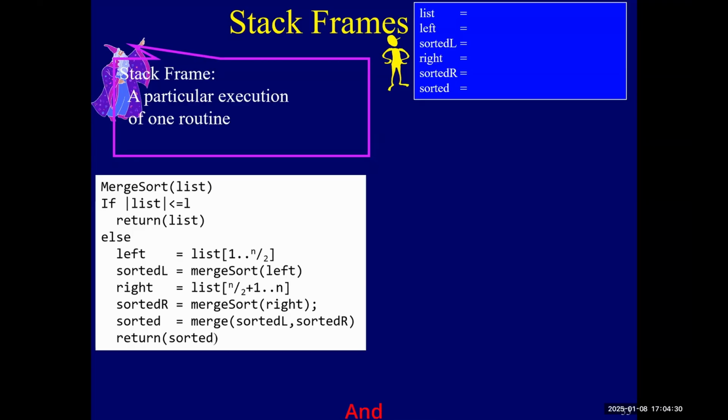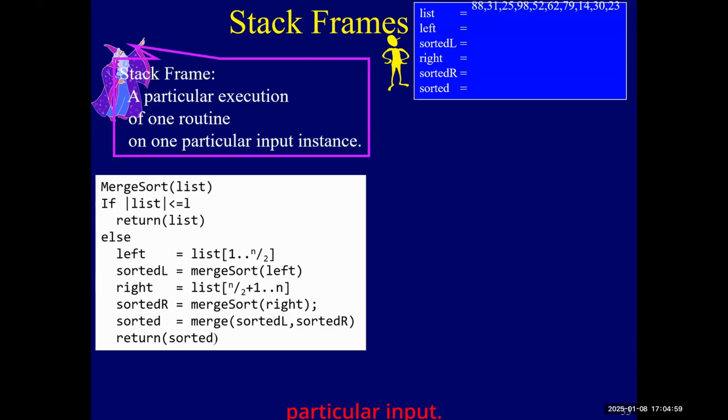What does it need memory for? For all the local variables, to store their values. It needs a program counter to say where in the code it currently is. That's our stack frame up there.